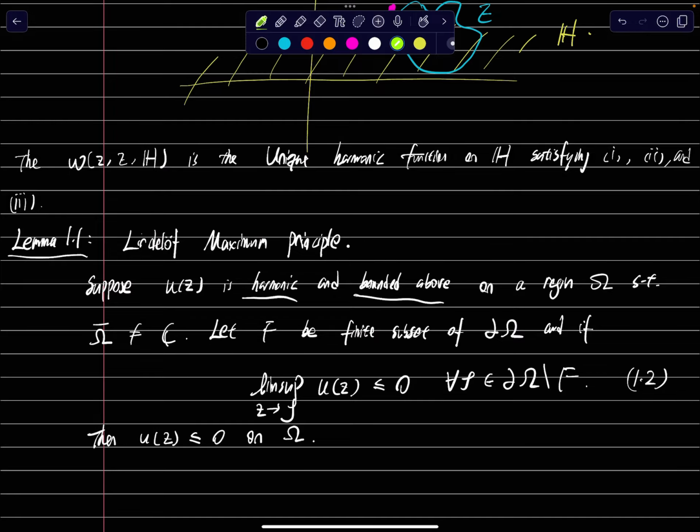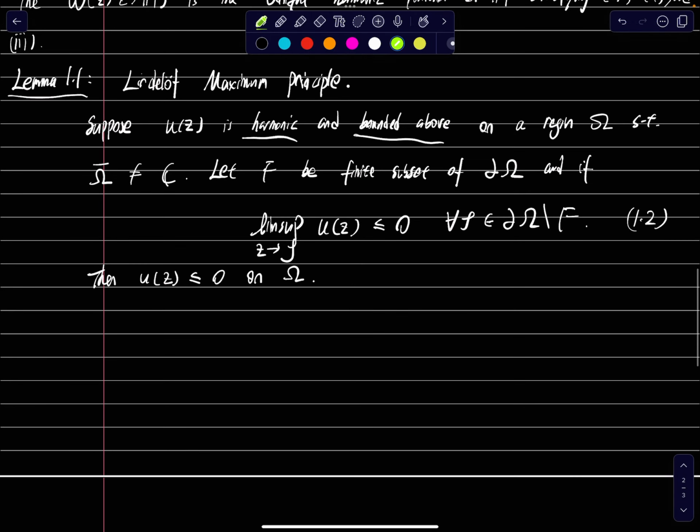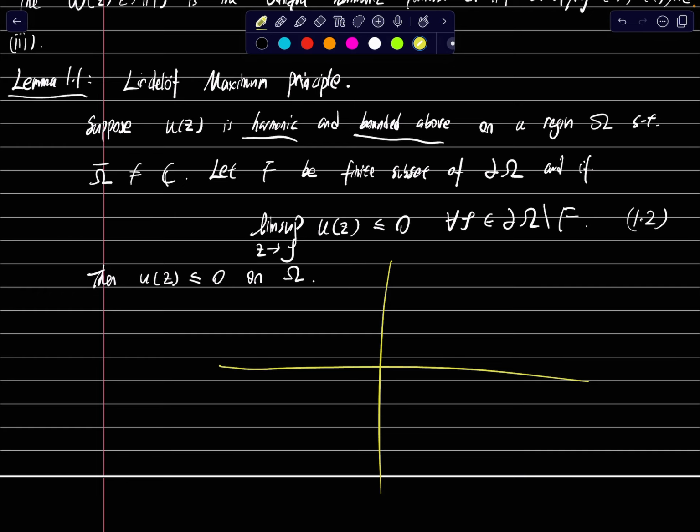So we first interpret this result. Again, we're working with a complex plane, and we consider this to be our omega. And of course, omega bar, by assumption, is not the whole complex plane.